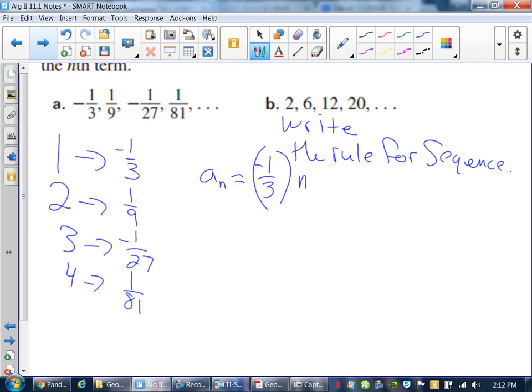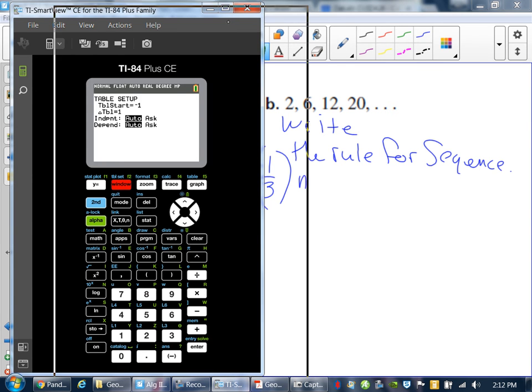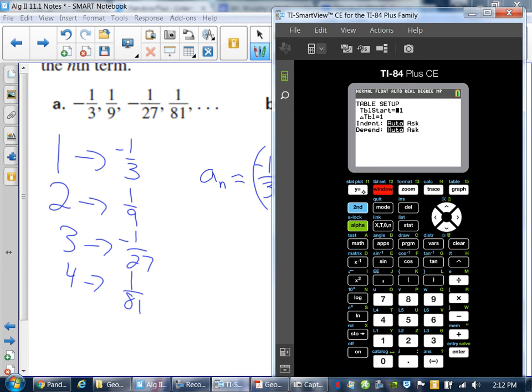Take this, put it in your calculator, in your y equals. One third, you said times n. Look at my table. Is that generating what I have there? No, it's not.